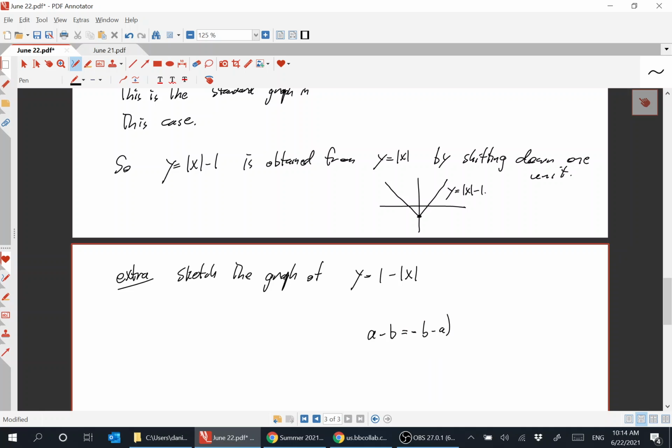Commutative property? Not commutative, actually, right? Because a minus b is not b minus a. a minus b is the negative of b minus a. So here, 1 minus absolute x is the negative of absolute x minus 1.